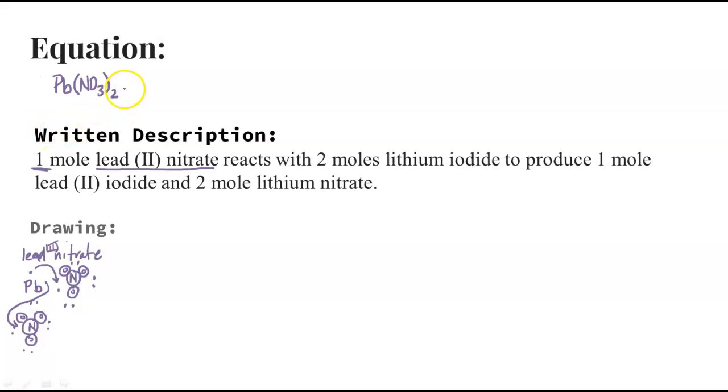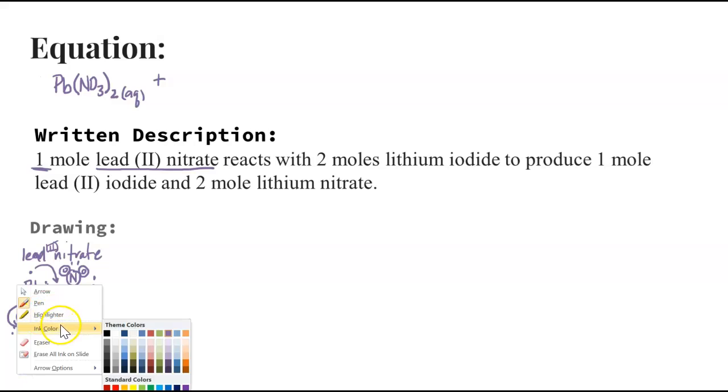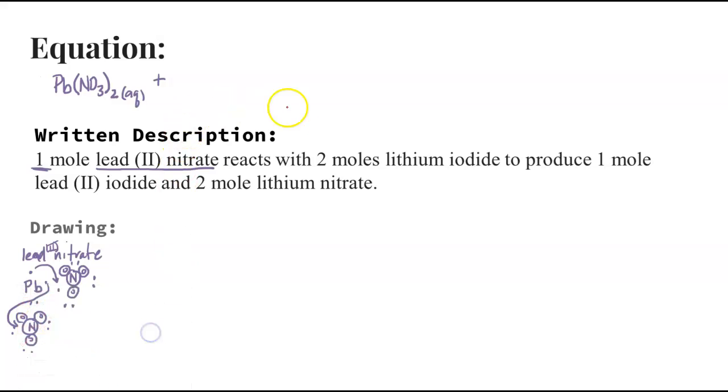The next piece is I need to look at its solubility. And if you look at your solubility chart, you'll see that nitrates are always aqueous. All right, so now we need to do the next chemical. I'm told I have 2 moles of lithium iodide.